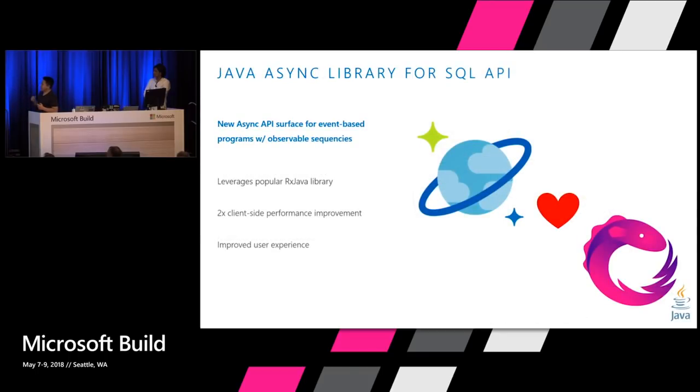And then, of course, the last thing we're releasing at Build is a new asynchronous library for the SQL API. Previously, our Java SDK was all synchronous operations. And what we've done is we've taken the time to refactor this to work with the RxJava library to build an asynchronous version of this library. And what we found is this actually gives us a 2x client-side performance improvement by moving from a synchronous model to an asynchronous model.